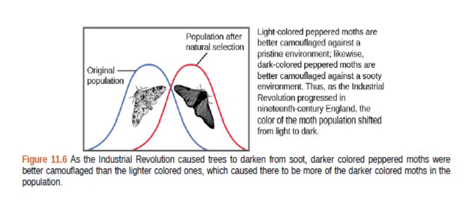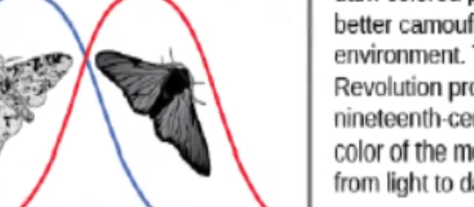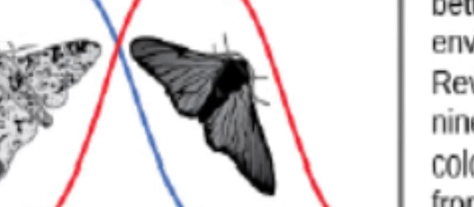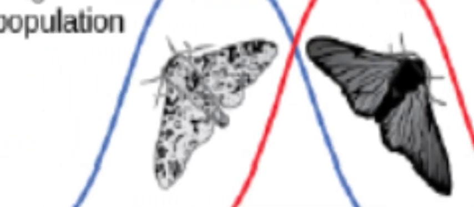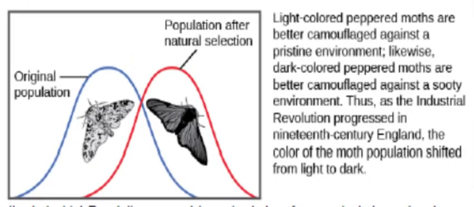Figure 11.6. As the Industrial Revolution caused trees to darken from soot, darker colored peppered moths were better camouflaged than the lighter colored ones, which caused there to be more of the darker colored moths in the population.